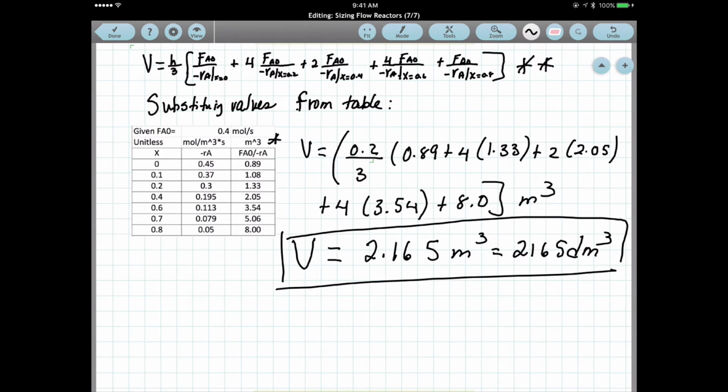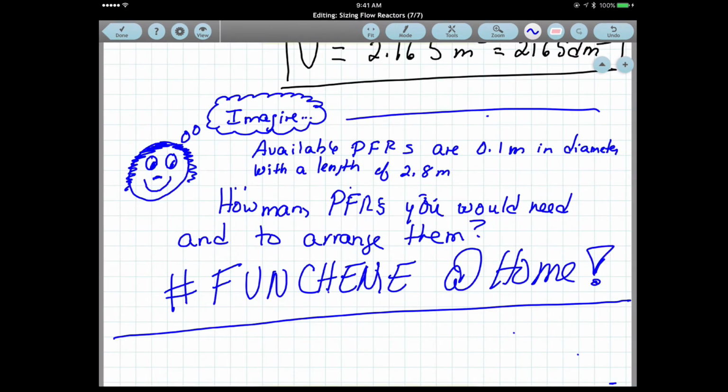Now we're going to do part B, which is the other way of doing this problem. But before that, let's imagine that you have available PFRs that are 0.1 meter in diameter and with a length of 2.8 meters.